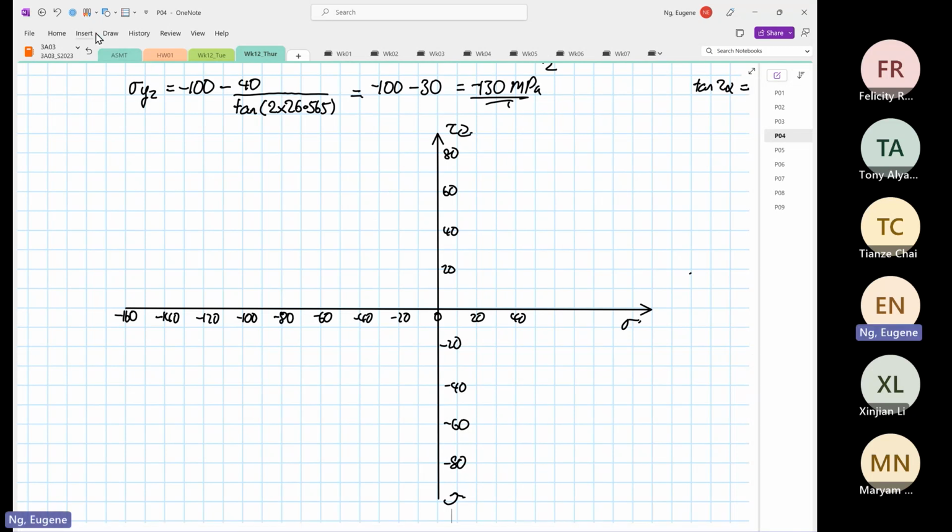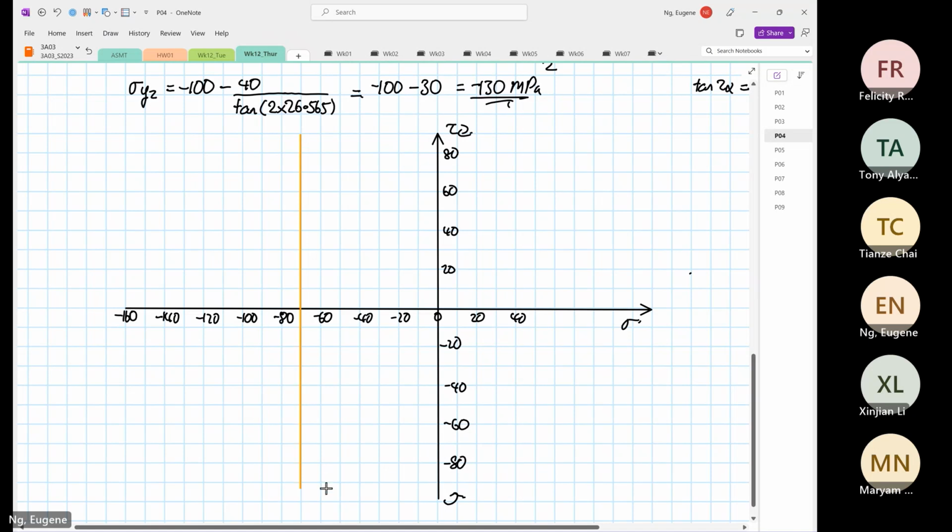So again, we know that we have our 70. This is a very interesting solution. I'll show you, but it will not work. Okay, but it's interesting. And here be 40.